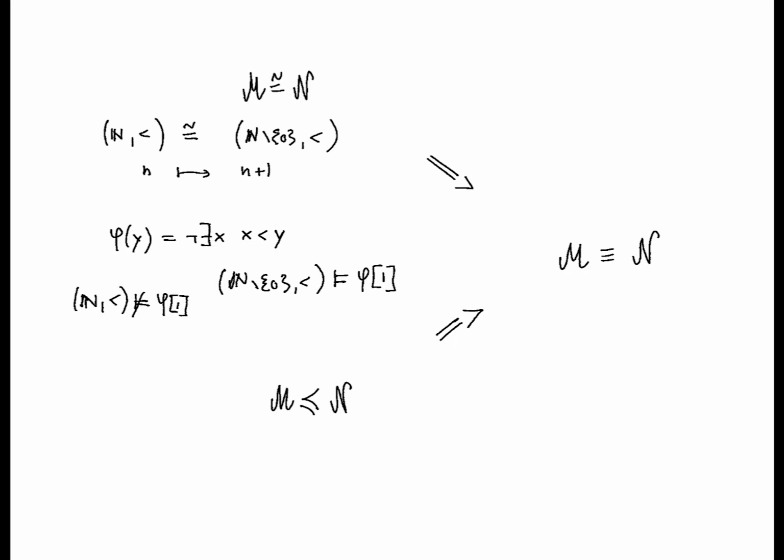On the other hand, we will later see that the linear order Q is an elementary substructure of the linear order of R. And of course, these cannot be isomorphic simply for cardinality reasons.